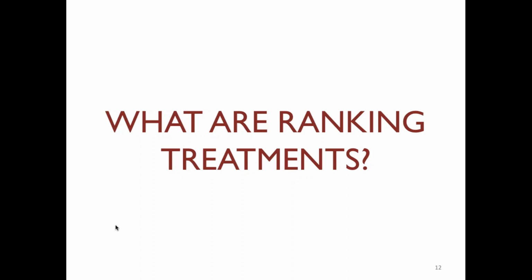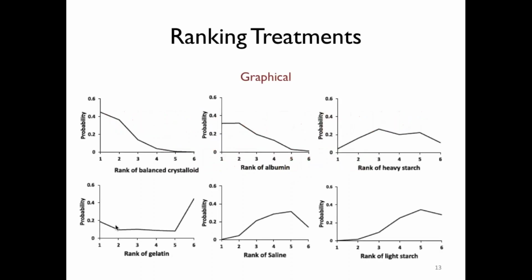And using Bayesian or frequentist approach, the interventions can be ranked in an order from best to worst through statistical simulations. So the ranking also can be presented in a graphic or numeric format. So here we have a graphic example.